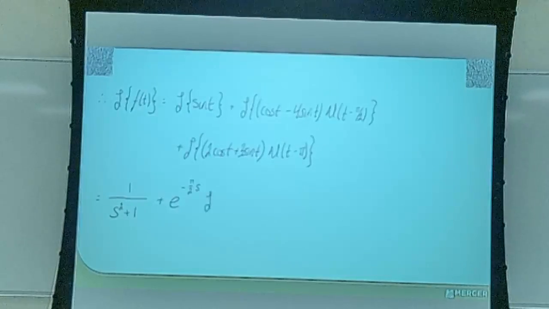Which means we now take the transform of cosine of t plus pi over 2 minus 4 times the sine of t plus pi over 2.